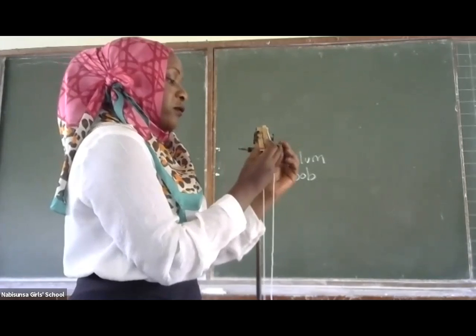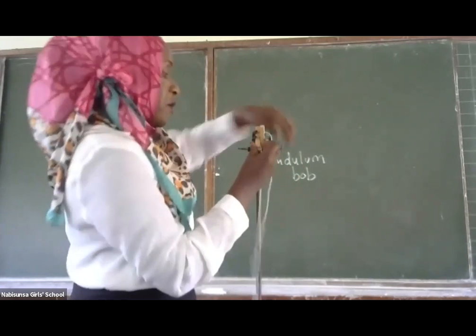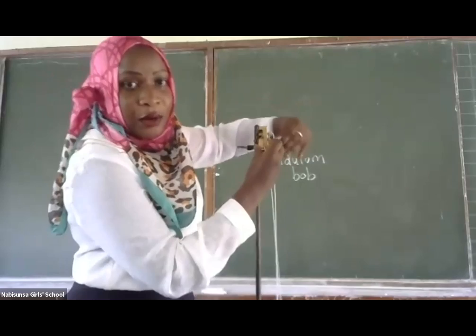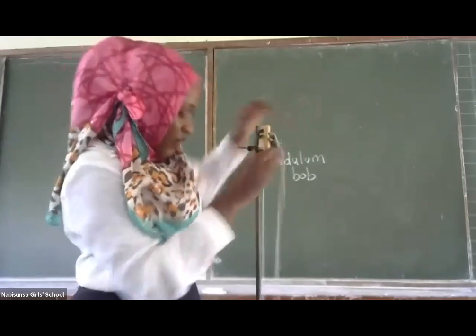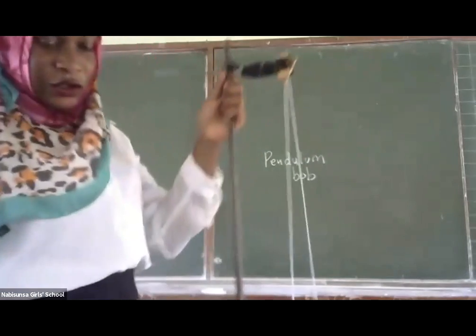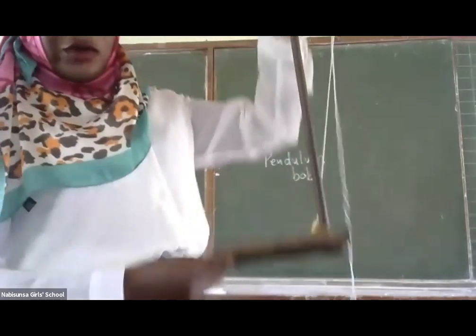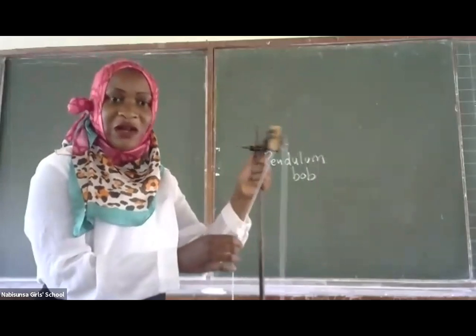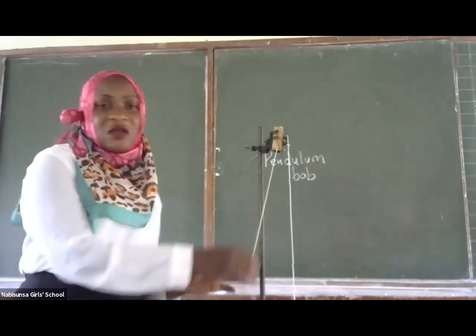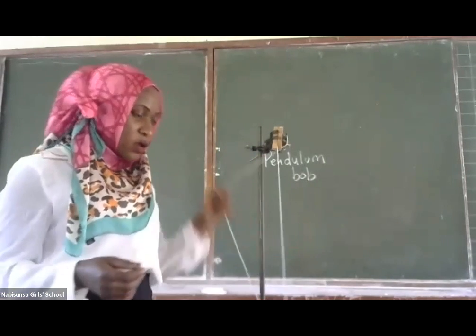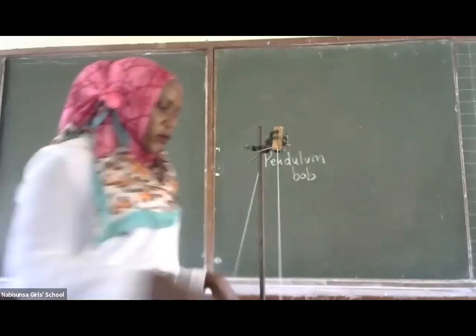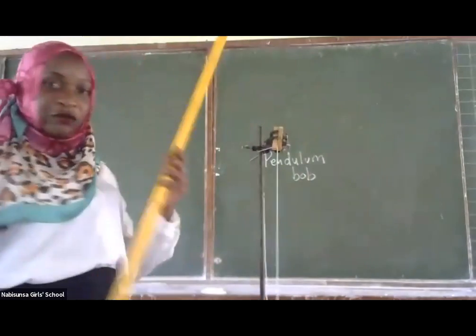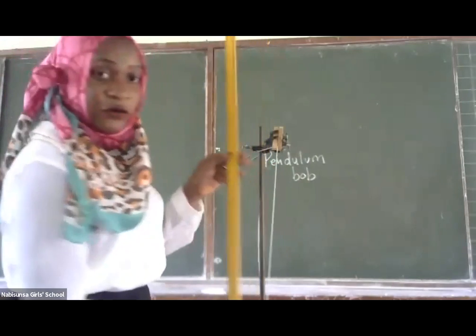Now we tie it back. This one we call a clamp, okay? This metallic thing must hold this one in the laboratory. It helps us hold anything you want in the lab. It can hold a ruler, maybe if you want to measure the length of this string that you have used.